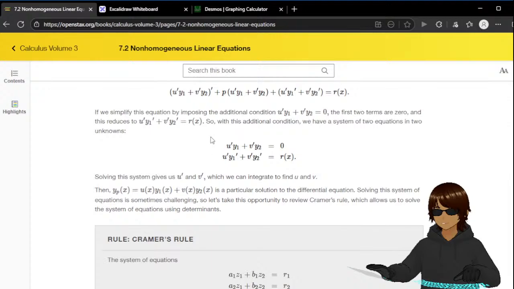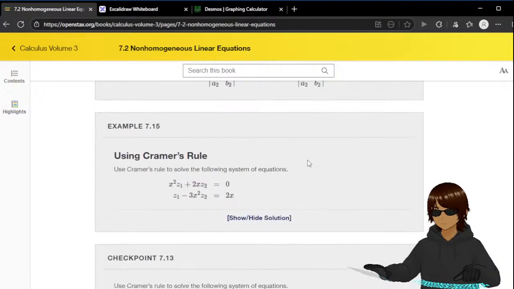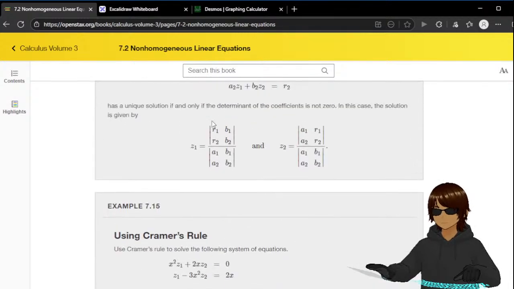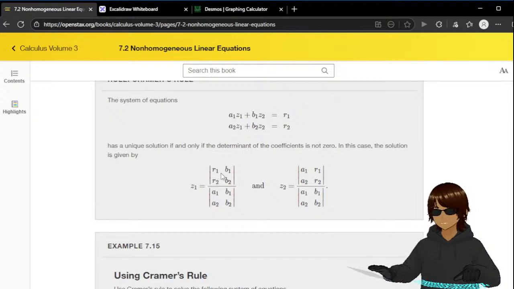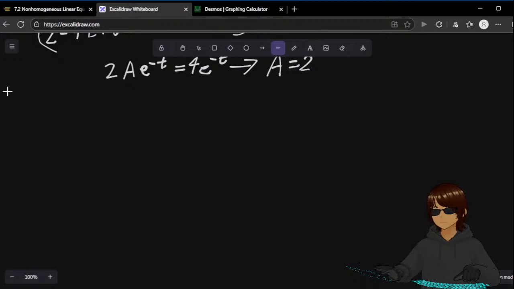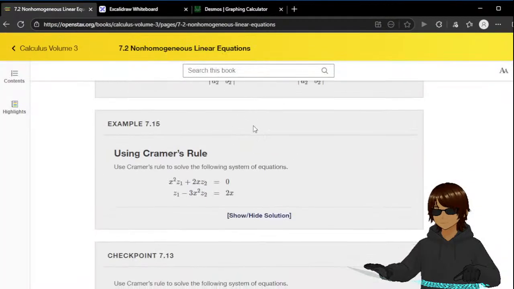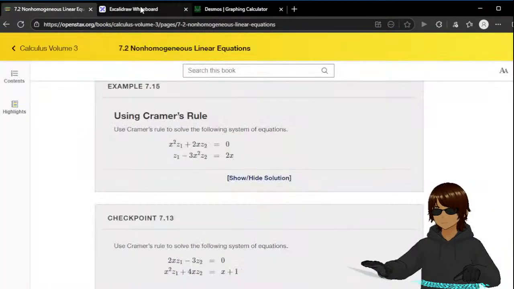So we want to find this. Okay, this is even more confusing. So many rules to remember.